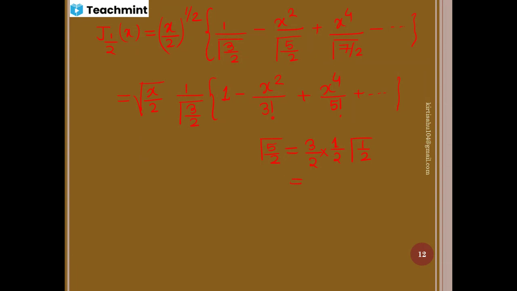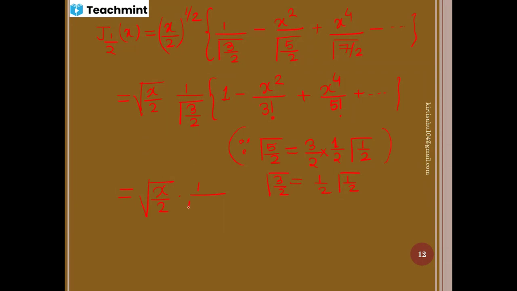Now let's multiply and divide by x. So it is under root of x by 2. Then as we know, gamma of 3 by 2 is half times gamma of 1 by 2.